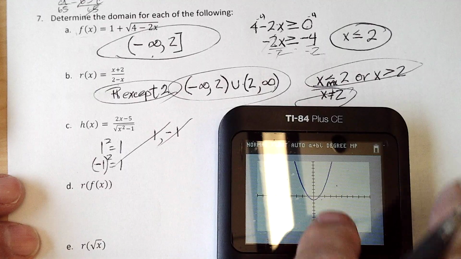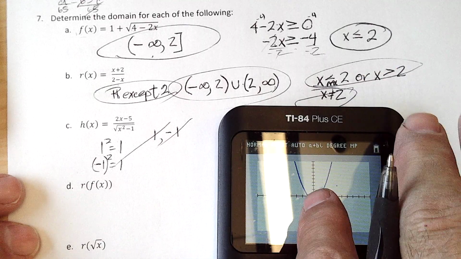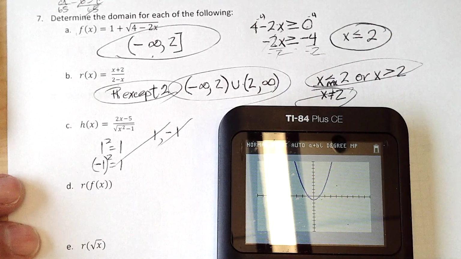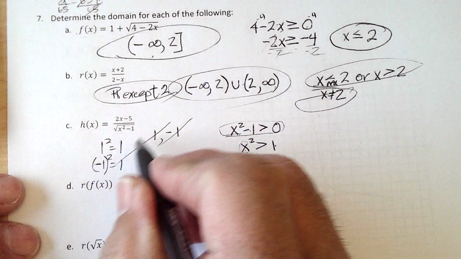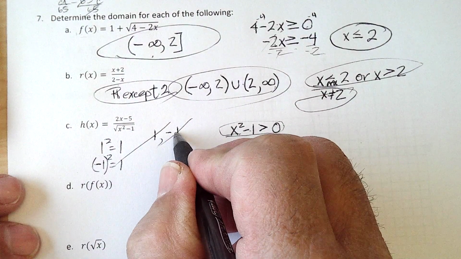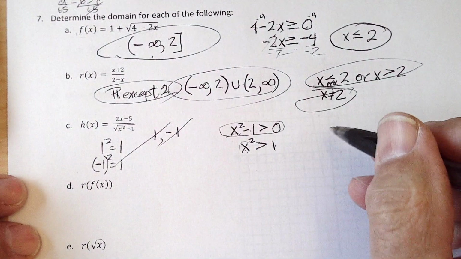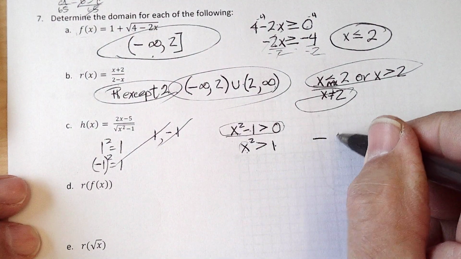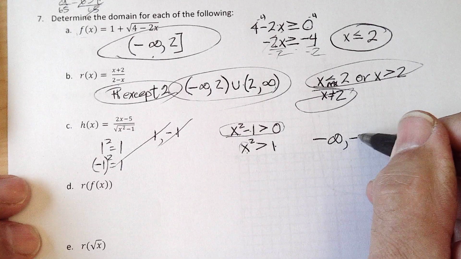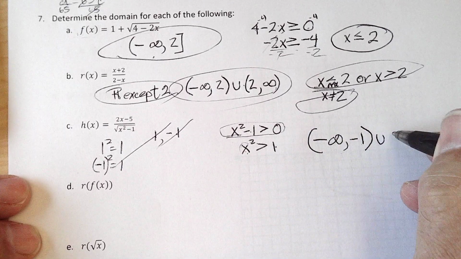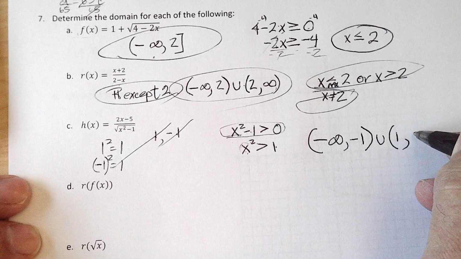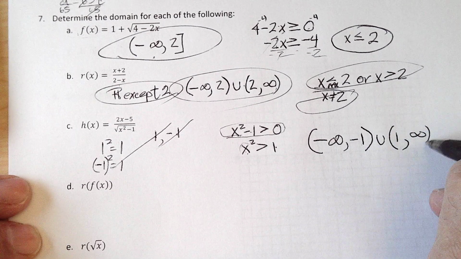So it's positive below negative 1 and above 1. So I can use those, but I can't use between there. So I can't use 1 and negative 1, and I can't use the numbers in between. So I can use from negative infinity up to negative 1, not including the 1. Or I can go from 1 to infinity.